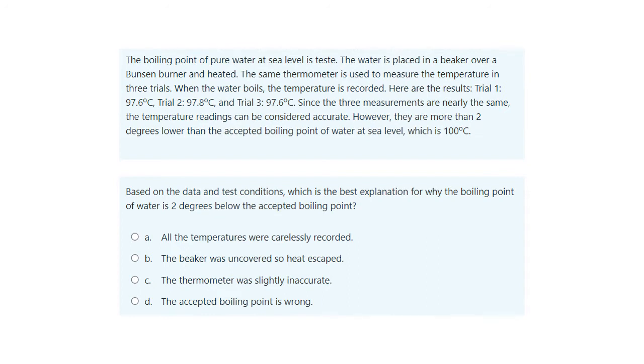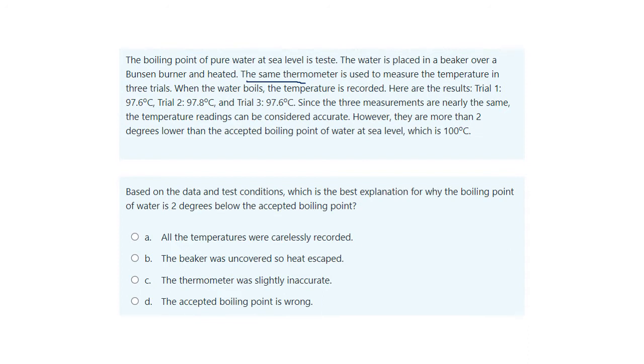The boiling point of pure water at sea level is tested. The water is placed in a beaker over a Bunsen burner and heated. The same thermometer, so that's controlled, is used to measure the temperature in 3 trials. When the water boils, the temperature is recorded. Here are the results.